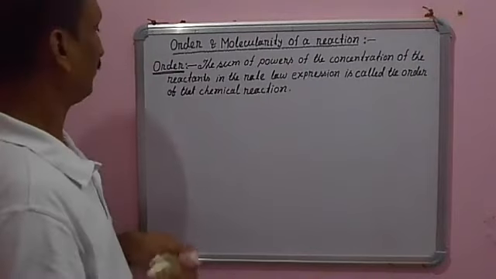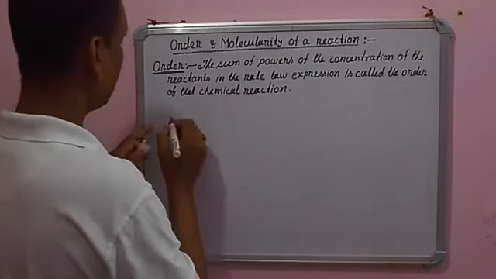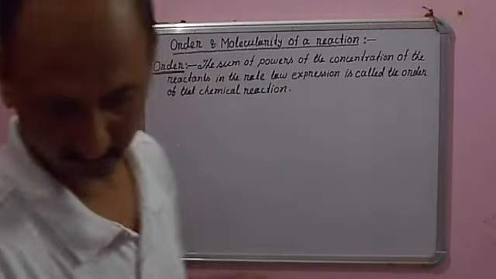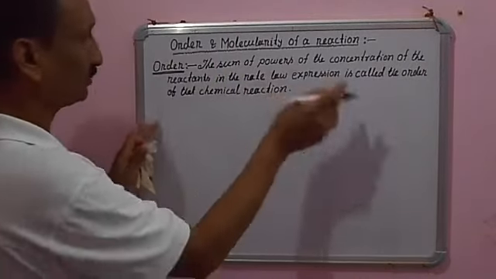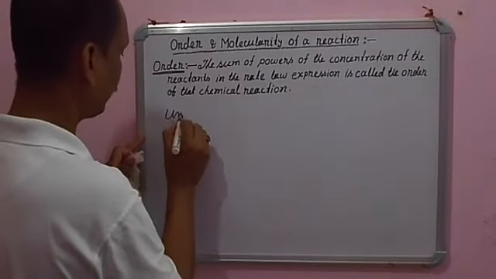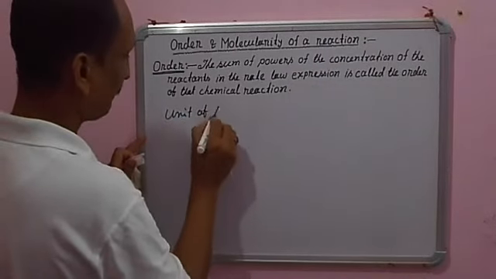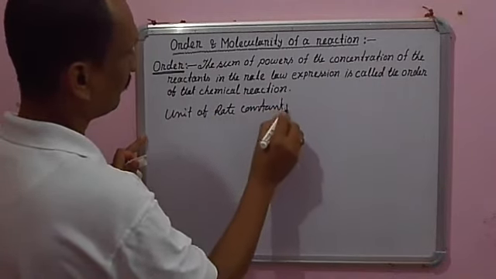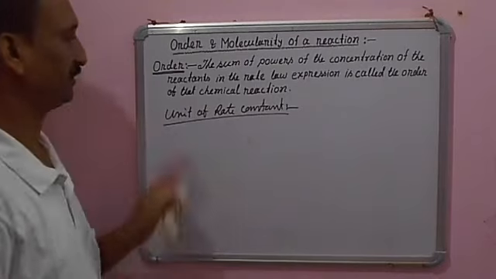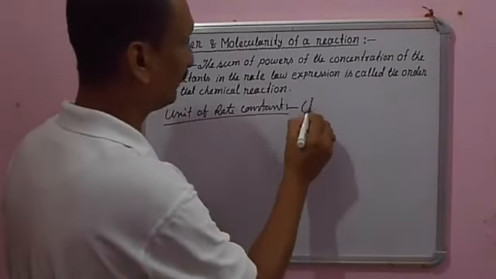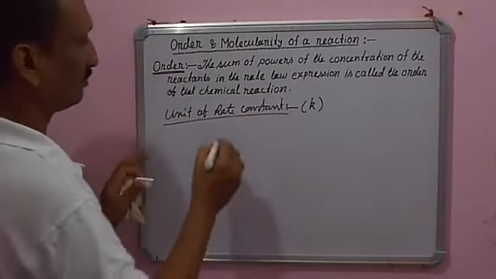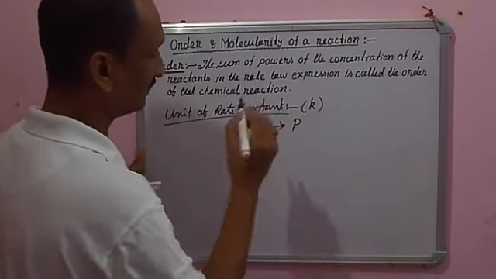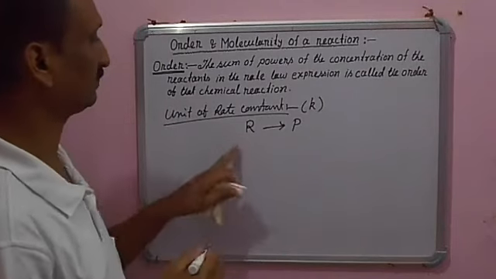Now we'll see the unit of the rate constant K according to the order of the reaction. Again we will consider, say, the reactant gives the product, this is a reaction, R gives the product.